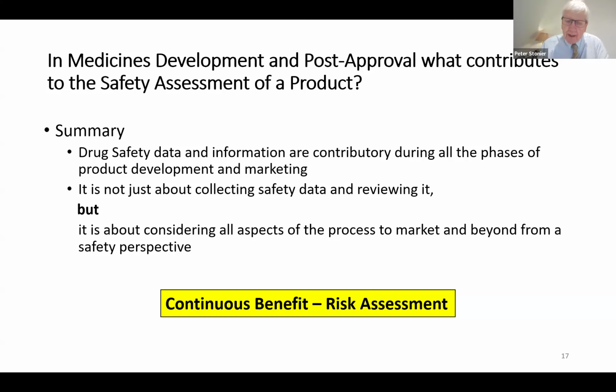And this gives rise to the concept of a continuous benefit risk assessment by regulators and by practitioners and by anybody who is involved in the medicines business, really, who have an understanding of the benefits and risks which have to be evaluated and assessed.